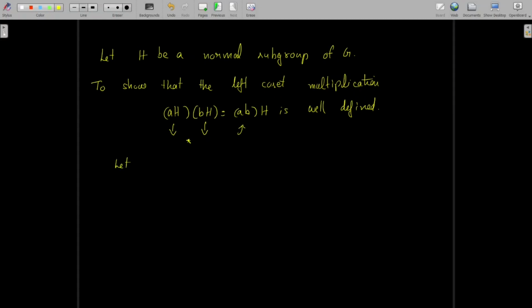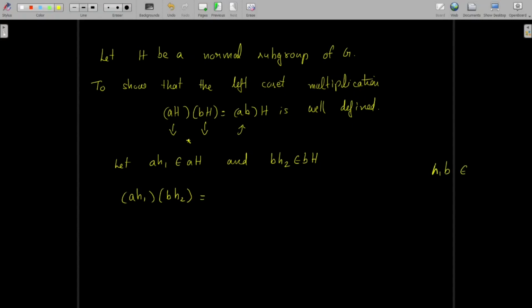Now, let the element Ah1 belong to the coset AH, and Bh2 belong to the coset BH. We will show that the product of the elements Ah1 into Bh2 belongs to the coset ABH. So consider Ah1 into Bh2. Now we consider the element h1B.